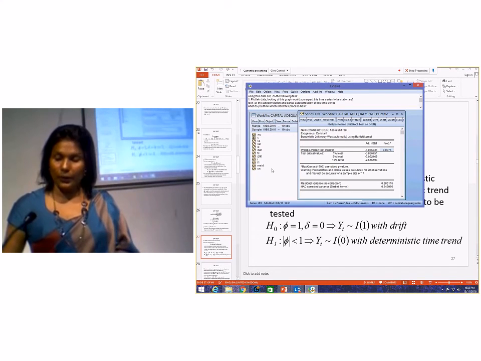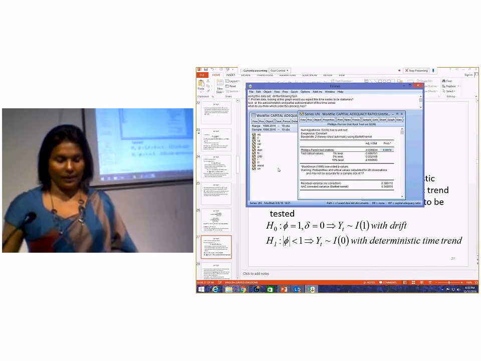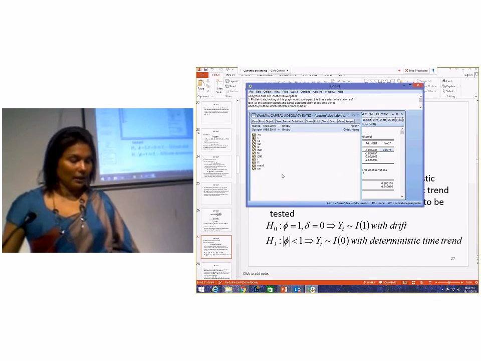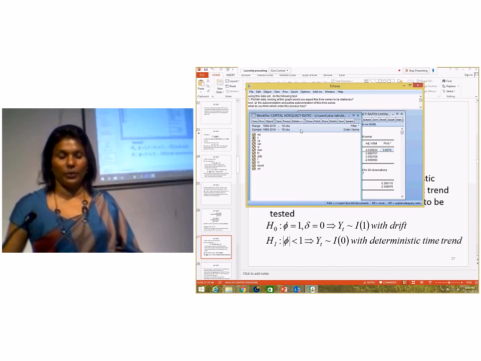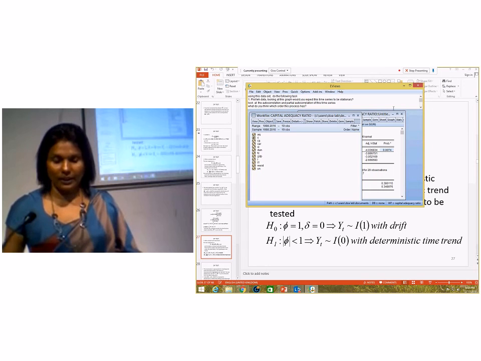Then check the unit root by using the augmented Dickey-Fuller test as well as the PP test. Right. So upload your homework, practice this, and upload your work to the LMS.